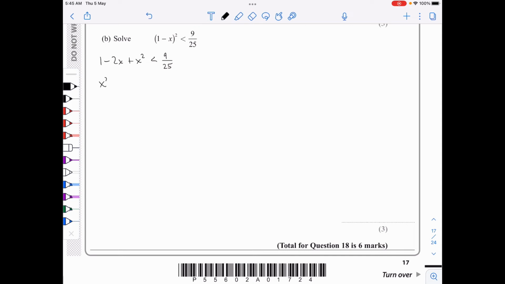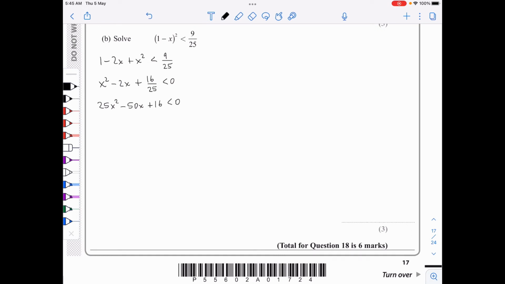So x squared minus 2x and 1 minus 9 over 25 is plus 16 over 25 less than 0. I could multiply everything by 25 to get rid of the fraction. So 25x squared minus 50x plus 16 is less than 0.